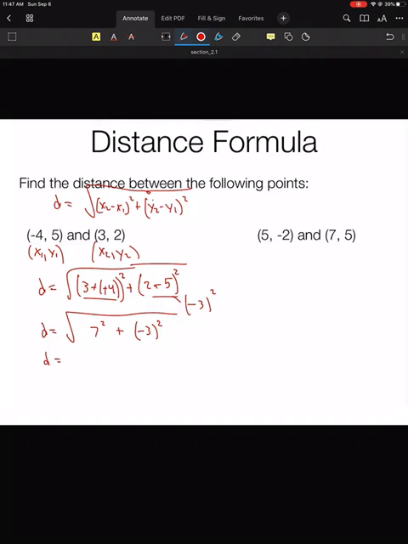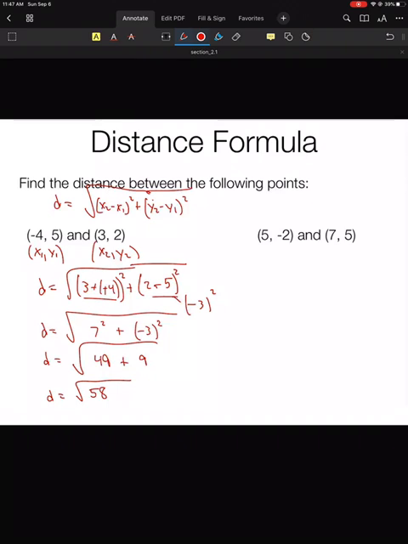Okay, 7 squared is equal to 49, and -3 squared is equal to 9. The negative goes away when you square it. So I get 49 plus 9, which is equal to 58.